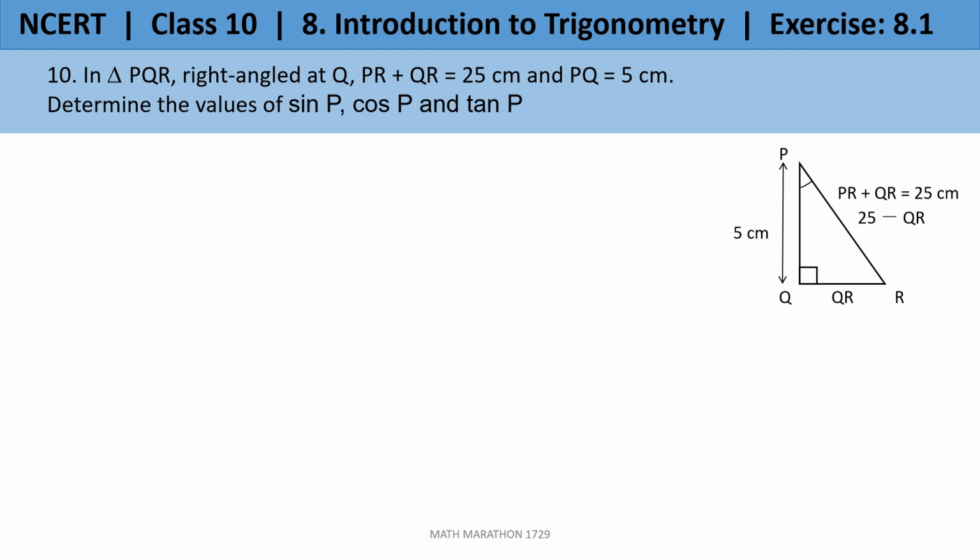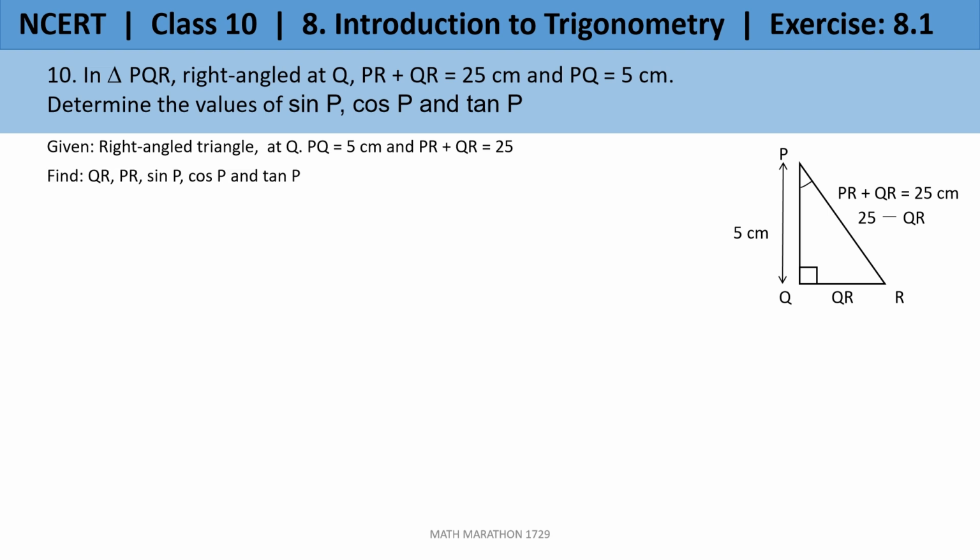PR plus QR is equal to 25 cm. So, PR is equal to 25 minus QR. We have a right-angled triangle at Q. We need to find QR, PR, and sin P, cos P and tan P.